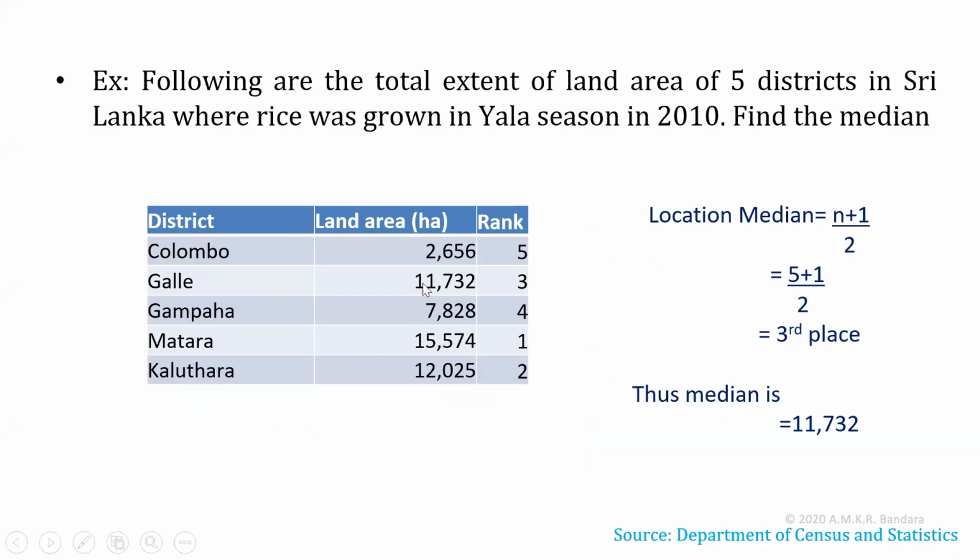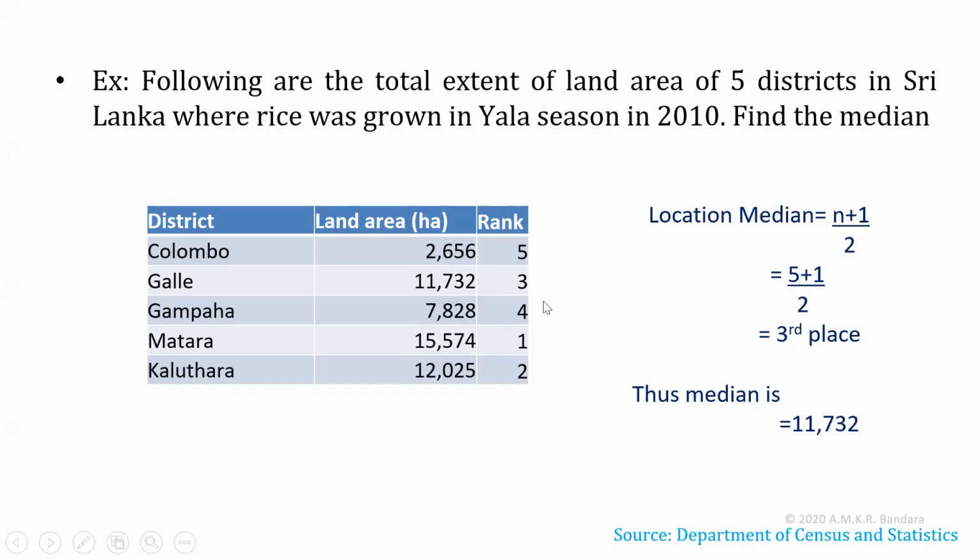In this data set, we are given the total land area in pilot districts, and we need to find the median land area. First we have to rank this data set. When we rank it in descending order, the first rank goes to 15,575.